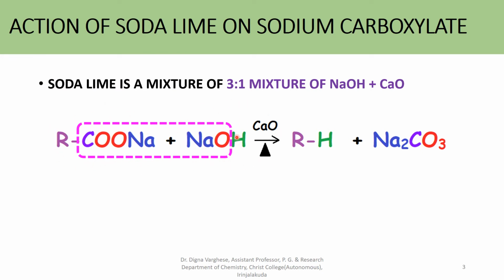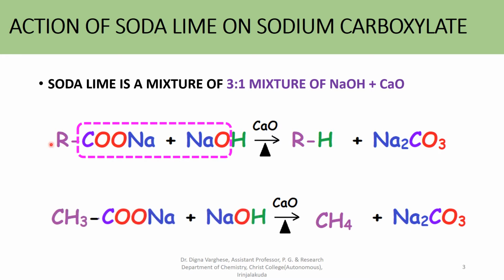It will eliminate sodium carbonate from the molecule, forming an alkane with one carbon atom less than the parent carboxylate group. That means here the removal of carbon dioxide, so it is known as a decarboxylation reaction.